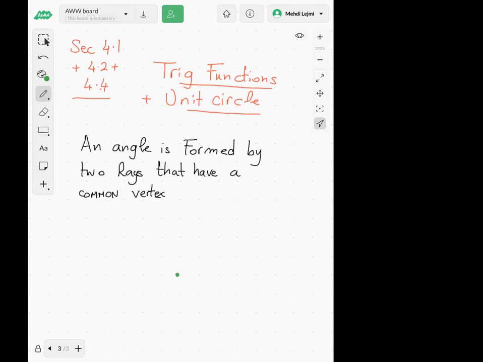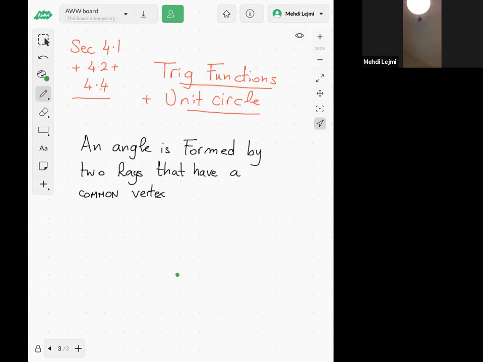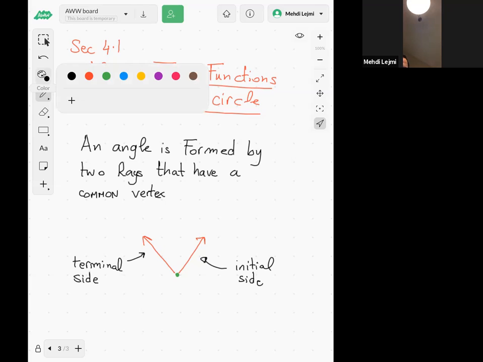And then you have an initial side, and there is a terminal side. Let's say this one here is the initial side, and this arrow here is the terminal side. You go from the initial side to the terminal side, and this will be your angle.